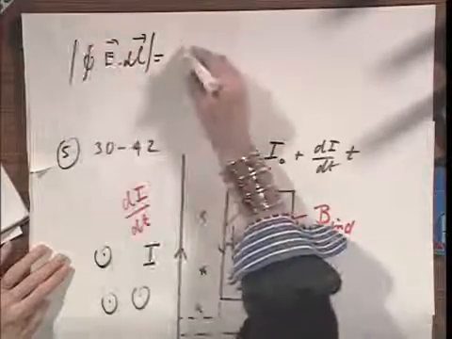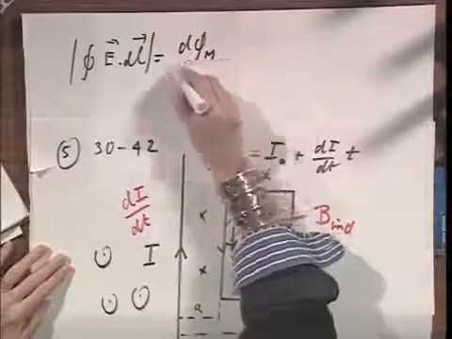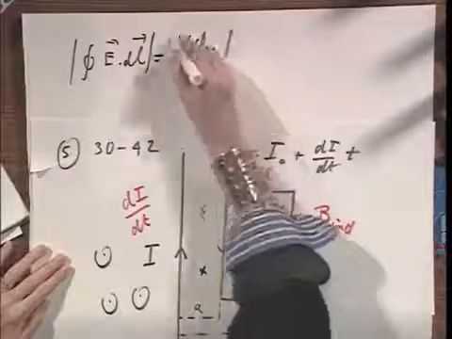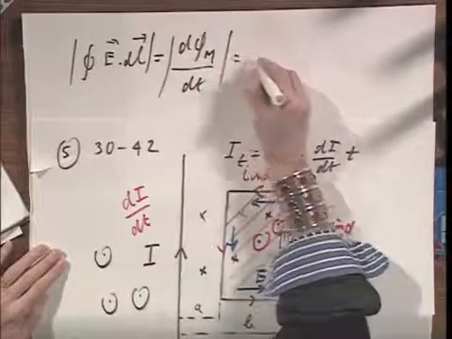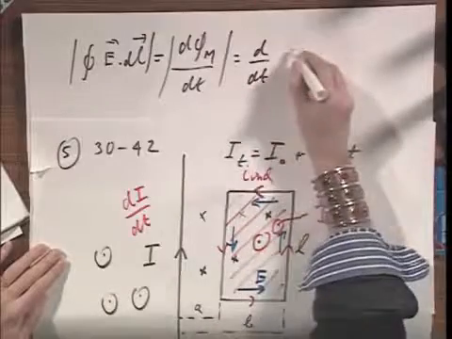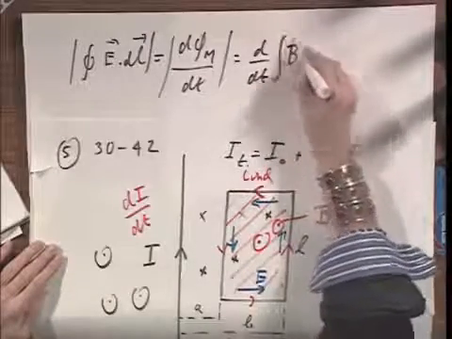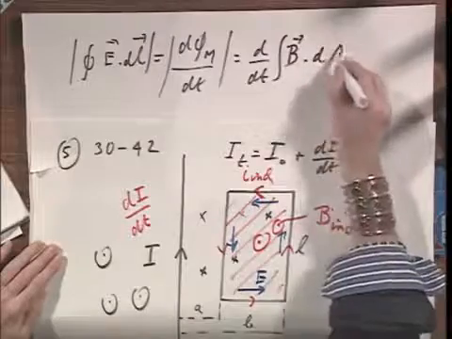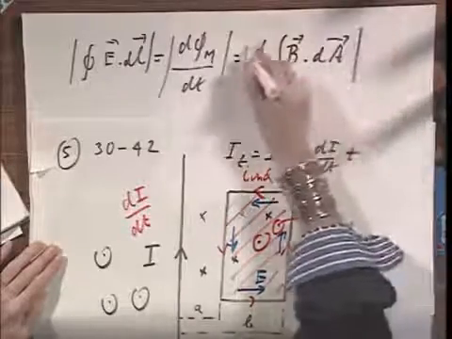I'm only worried about magnetic flux, about absolute values. I don't care about minus signs. That is d/dt times the integral of B dot dA over that open surface.